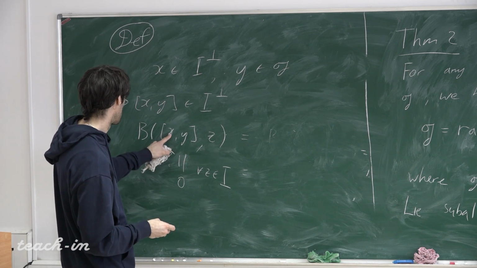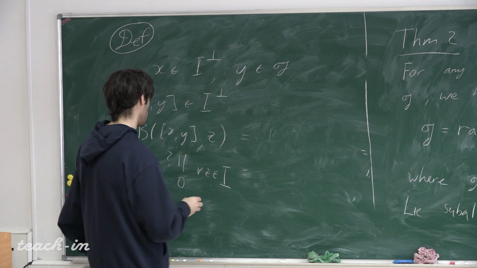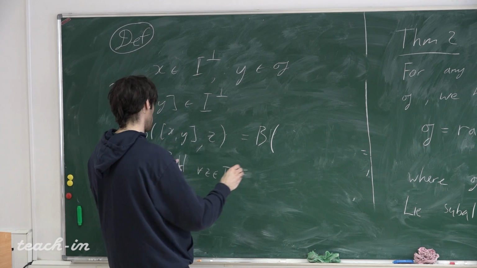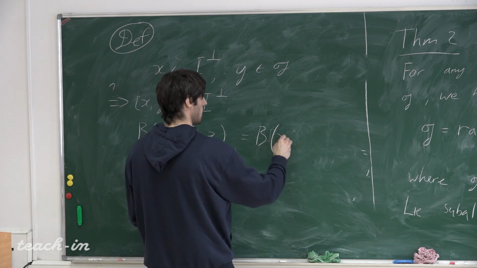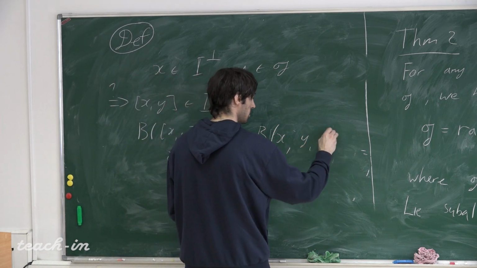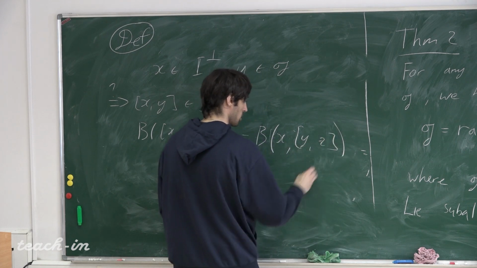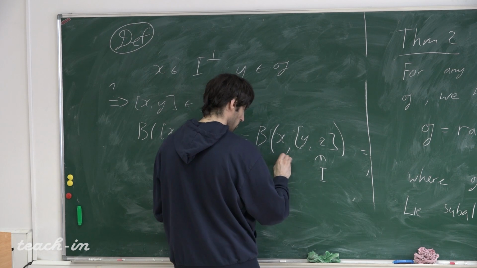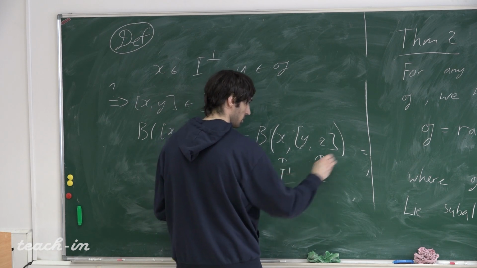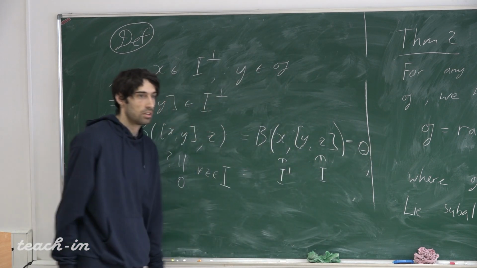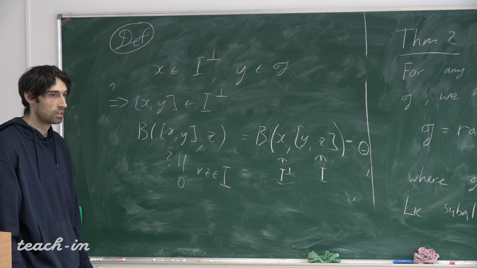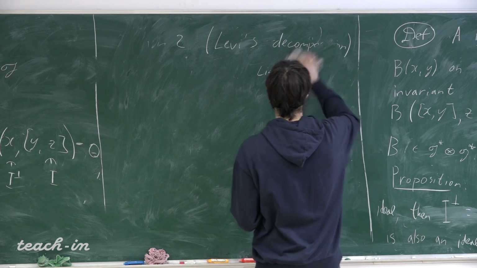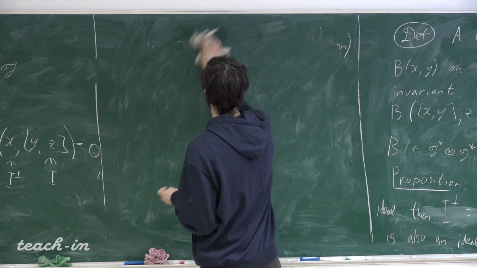And X from I orthogonal. So therefore we have B, and let me use invariance right away. So B of X with the commutator of Y, Z. So this one is in I, and this one is from I orthogonal. So this is 0. That's it.